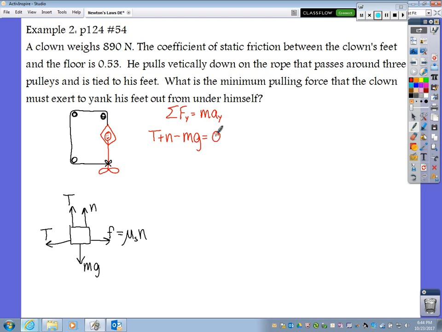So this equals 0. Now I'm going to solve for the normal force. I'm going to move everything else over there. N equals mg minus the tension. That's a T. Now I'm going to look at the forces in X.